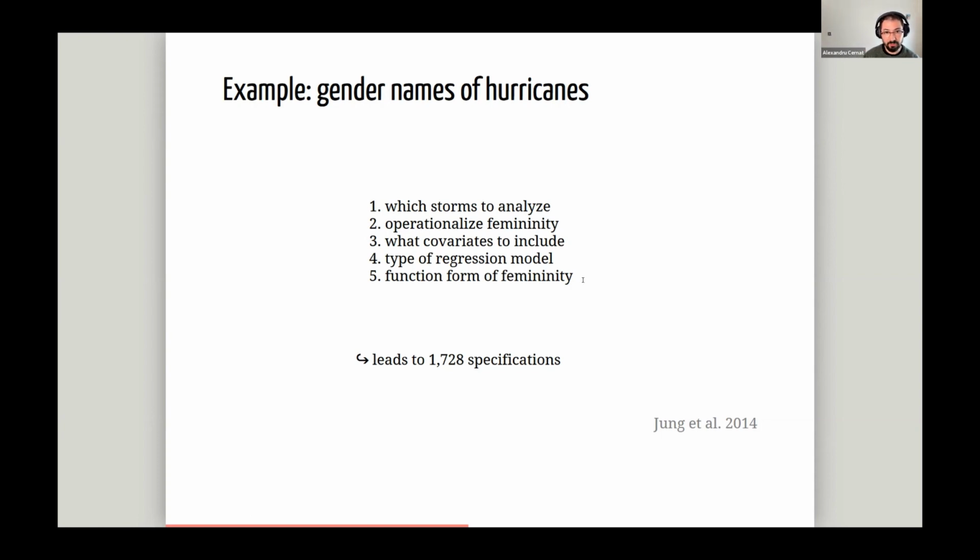And here they look at 5 different key decisions in this analysis: which storms to analyze, how to define femininity, what covariates to include, what type of regression model to run, and how to treat femininity, so the functional form of this variable. There are multiple decisions in each of these, and when you combine all of them, you actually have 1,700 specifications here. This is quite a lot.